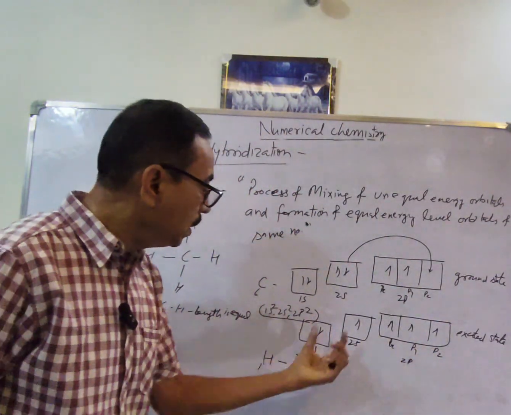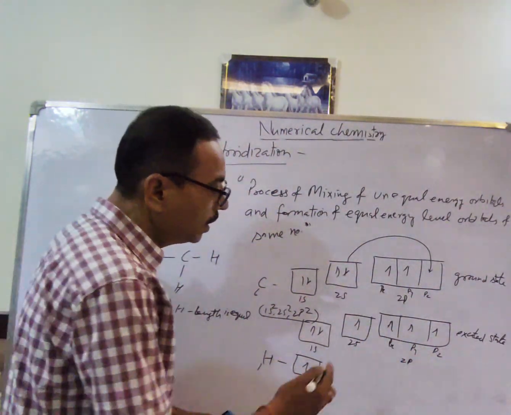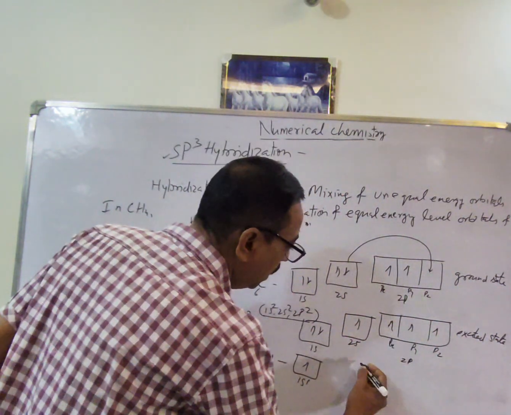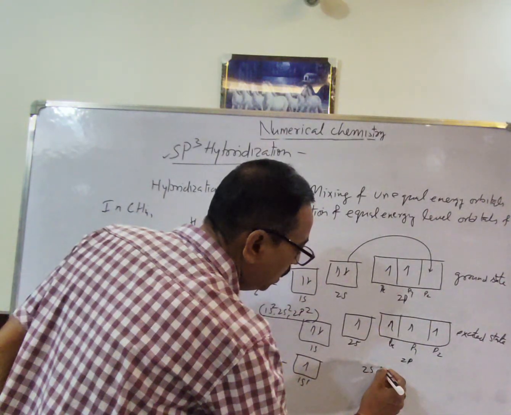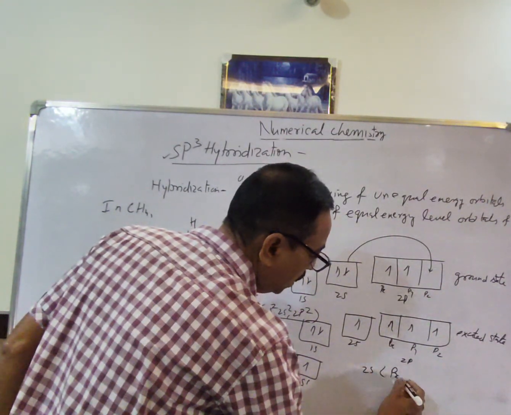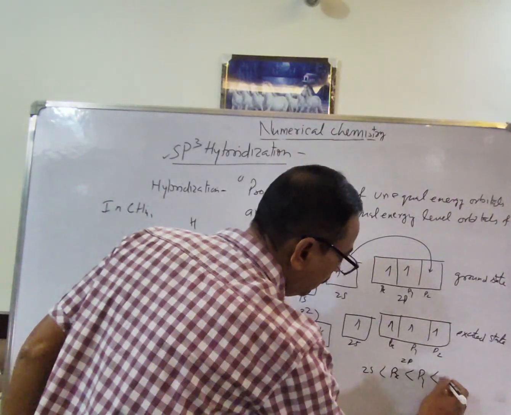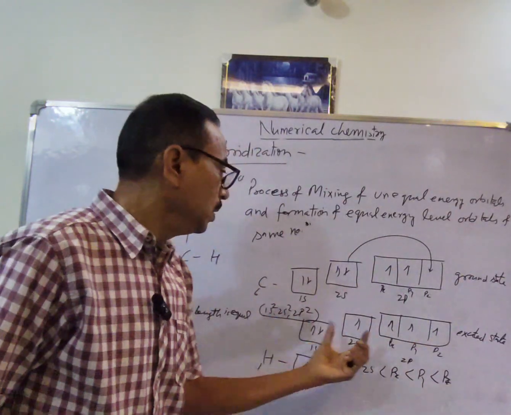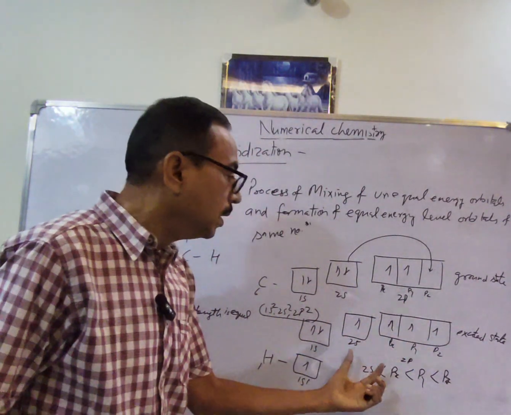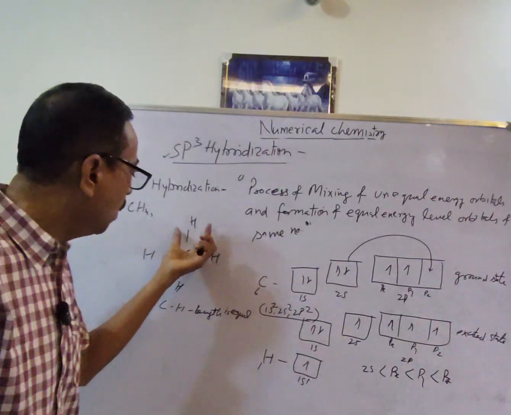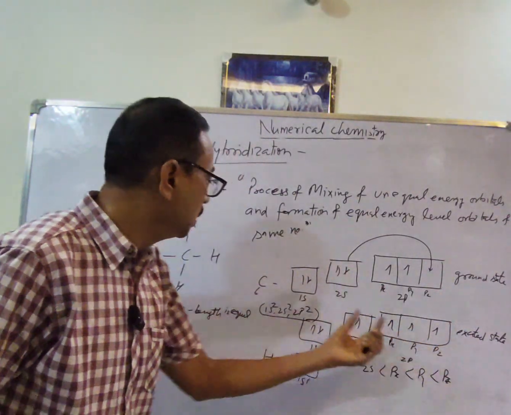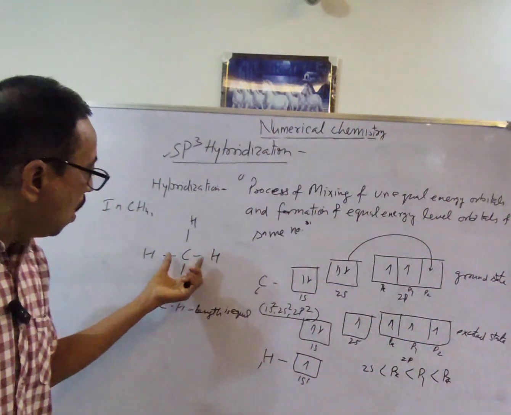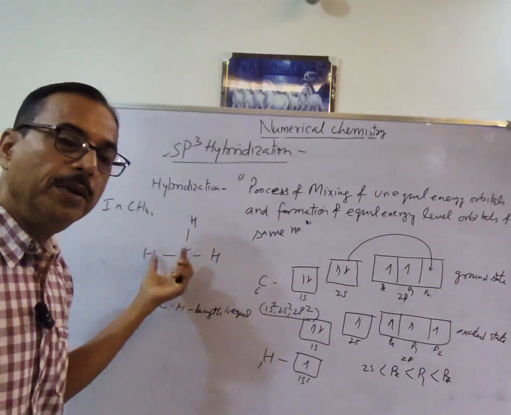But in this situation, the energy of 2s, px, py and pz are different. 2s has lower energy, px is higher, then py, and pz is the highest. If CH4 bonds are formed in this state, the ground state, then every CH bond will have different energy.